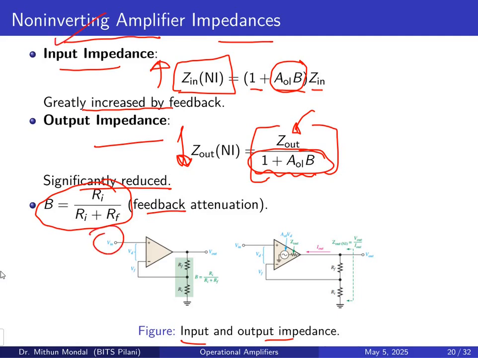So here the input is given to the non-inverting positive terminal and the output is fed back to the input with Vf, and here we have the attenuation Ri plus Rf for the input, and the output impedance we can measure with respect to output voltage by input voltage using this ratio.